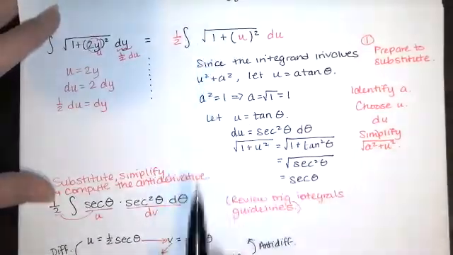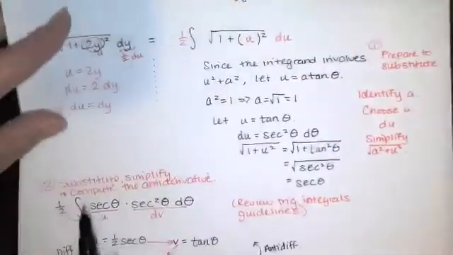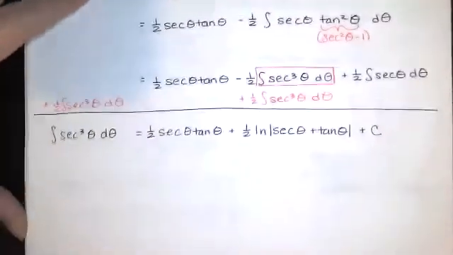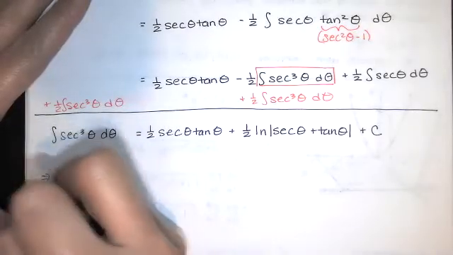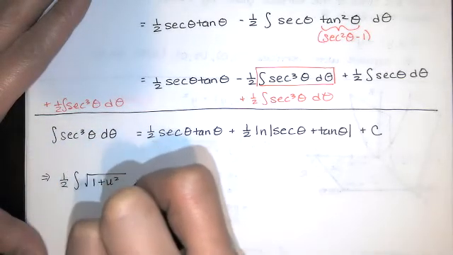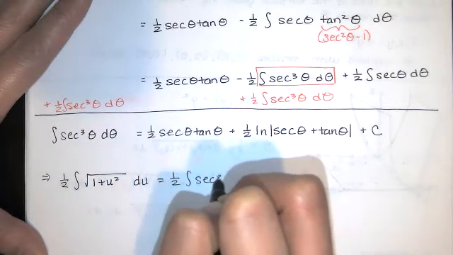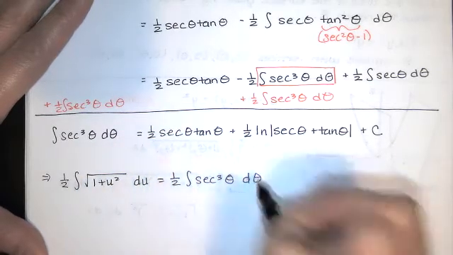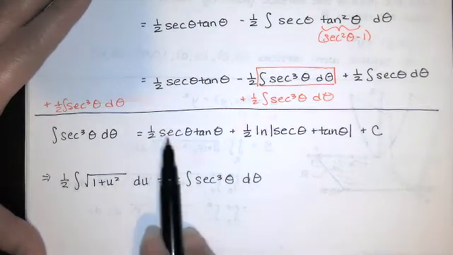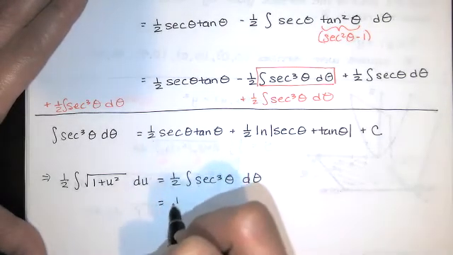We had this, and we were actually saying that this was equal to the 1/2 of the integral of secant cubed. So that means that 1/2 of the integral of 1 plus u squared is 1/2 of the integral of secant cubed theta d theta once we do our trig substitution, and 1/2 of this is 1/2 of this expression. 1/2 times that 1/2 is going to give me a 1/4.